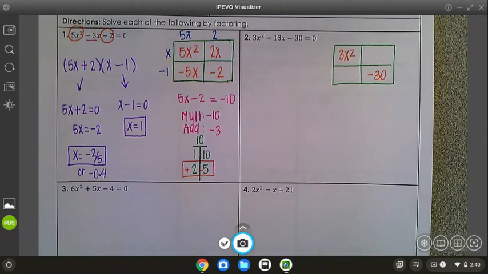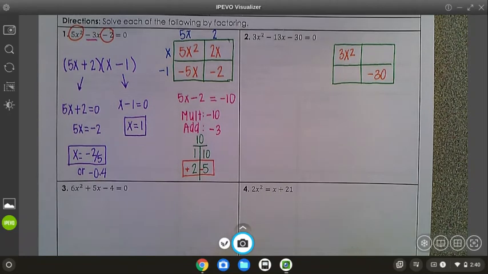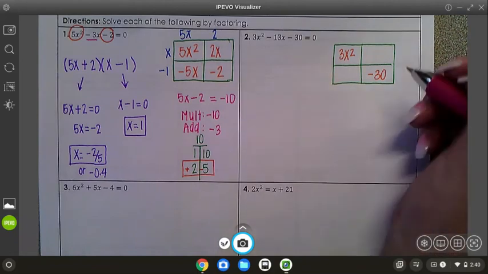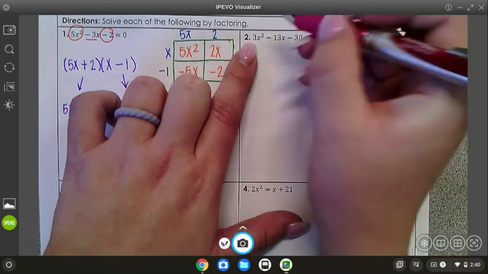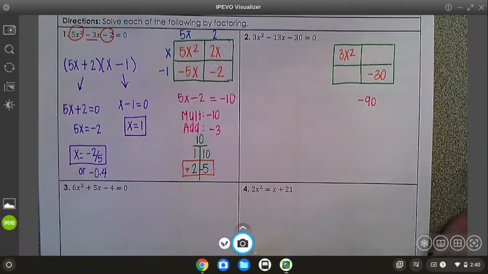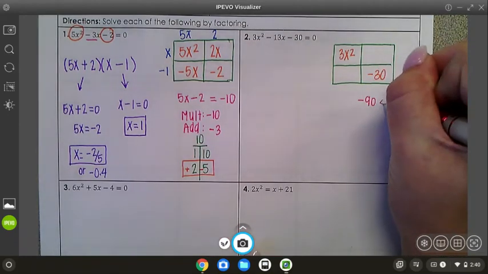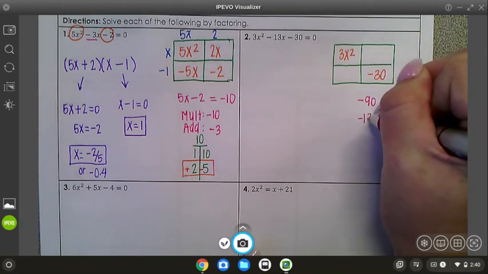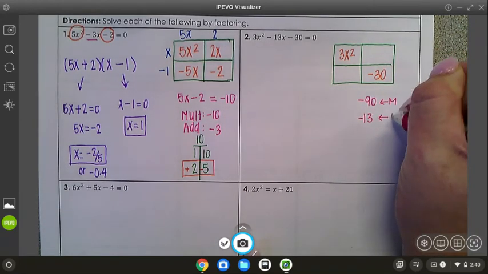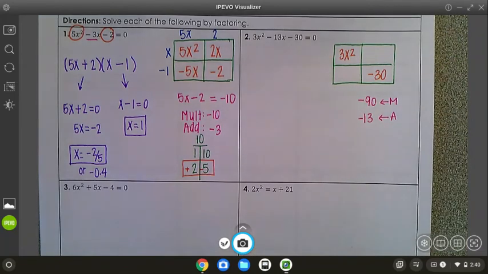Once you have this process memorized, it will go really quickly. Then we're going to multiply my a and c. We're going to get negative 90. 3 and negative 30. So we're looking for two numbers that multiply to be negative 90, but add to be my b value. So they're going to add to be negative 13.